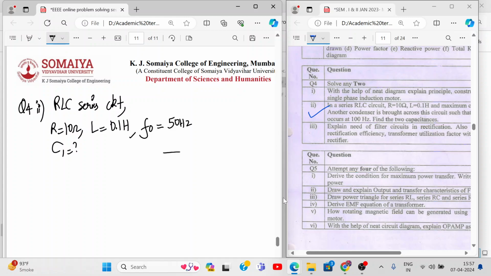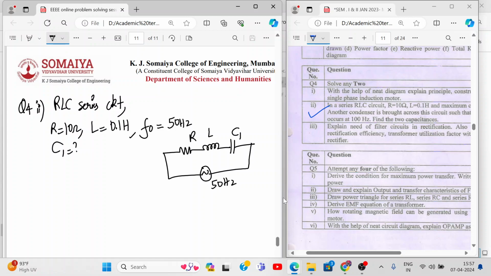Okay, RLC circuit is there. The C value is not known to you, L and R are known to you. So this is 50 hertz. We don't know the magnitude of C. So first we have to find this C1.